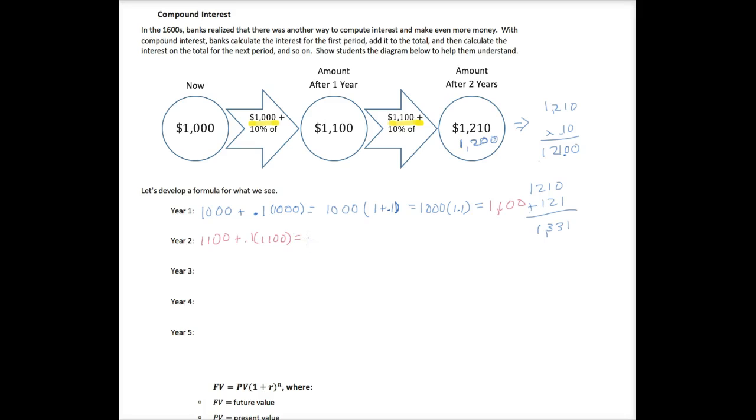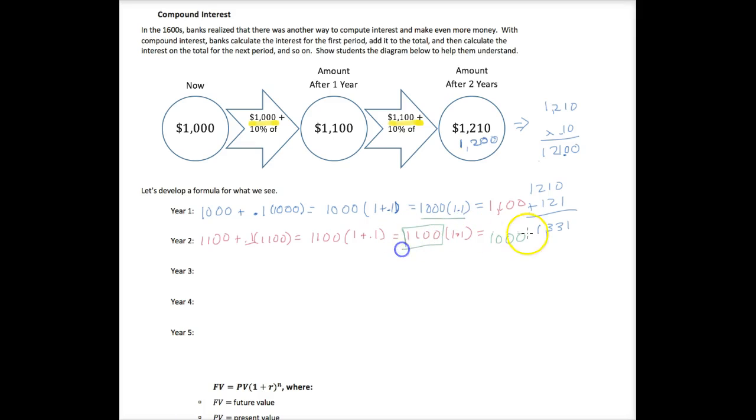And now we get to take out $1,100, back to the invisible 1 here and the 0.1 here. 1 plus 0.1 again, which is 1,100 times 1.1, which, if we think about it, this 1,100 was 1,000 times 1.1. So I'm replacing this guy into this.